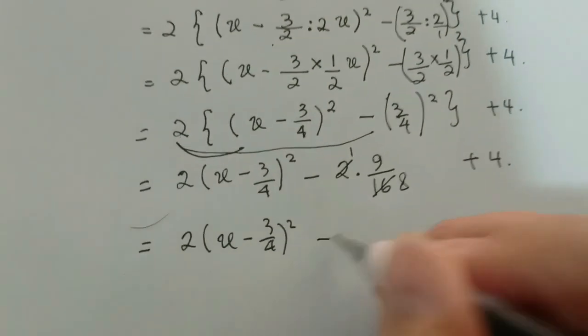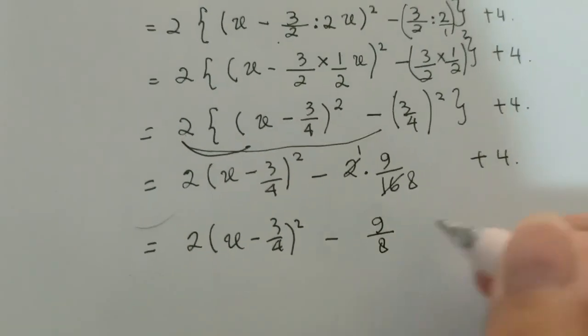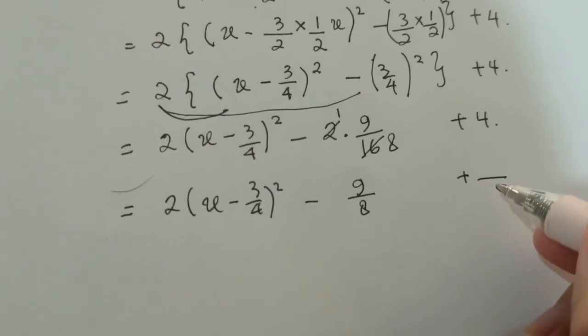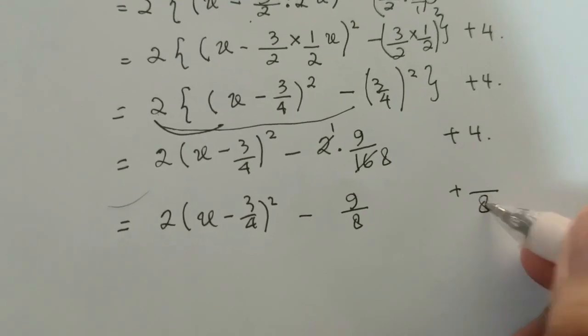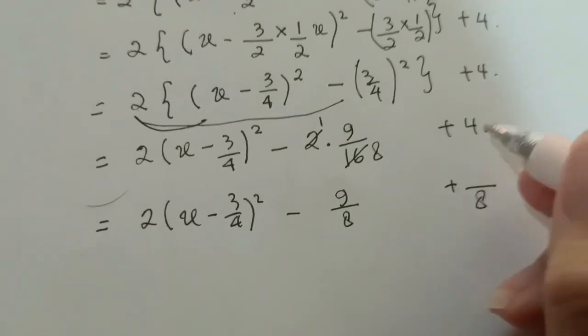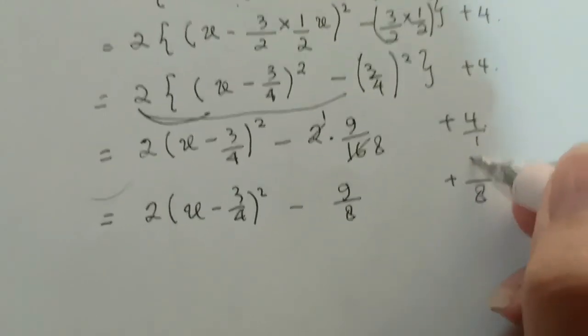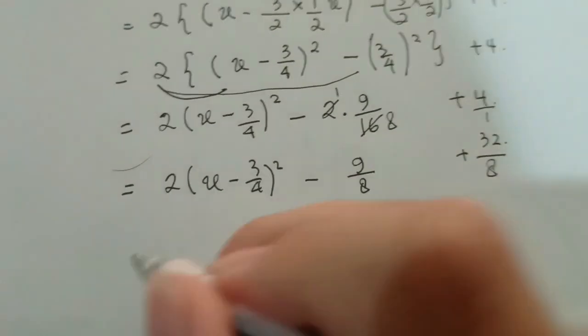Minus 9 per 8 plus 4, we are going to count. We make it into 8, 8 divide 1 multiply 4, 32.